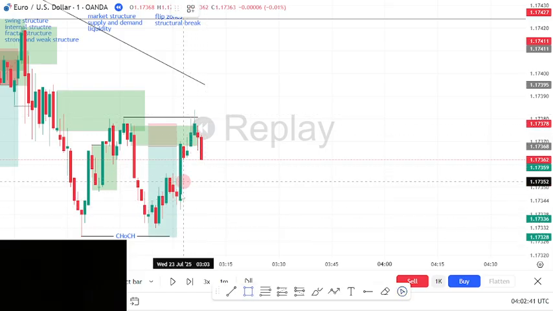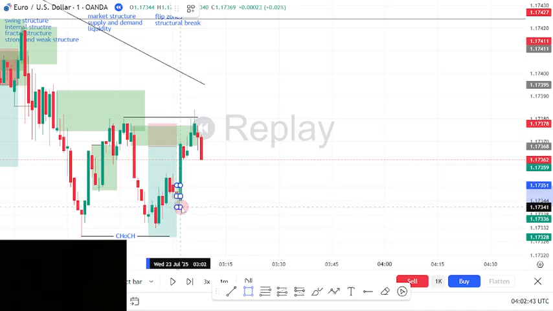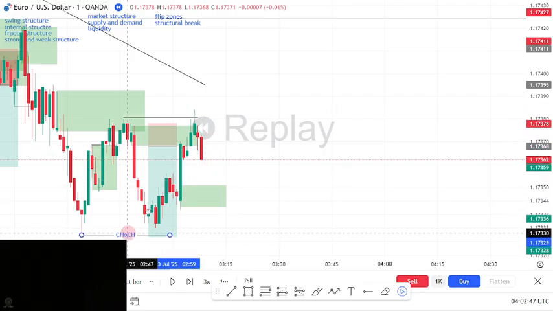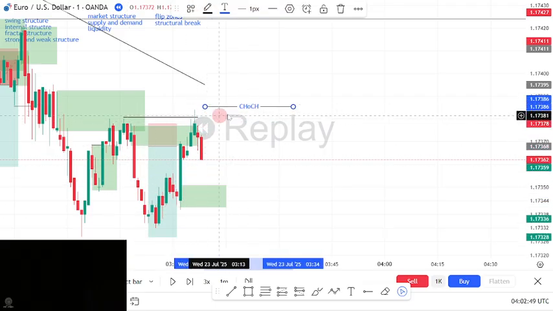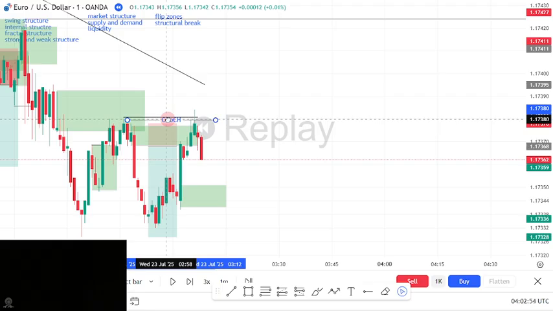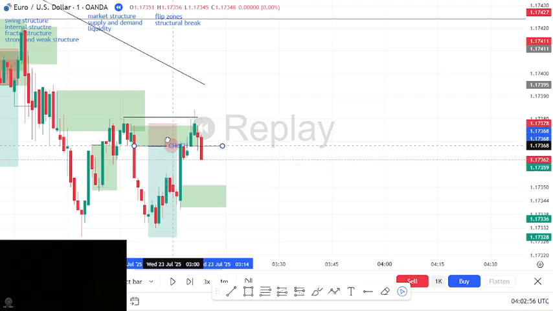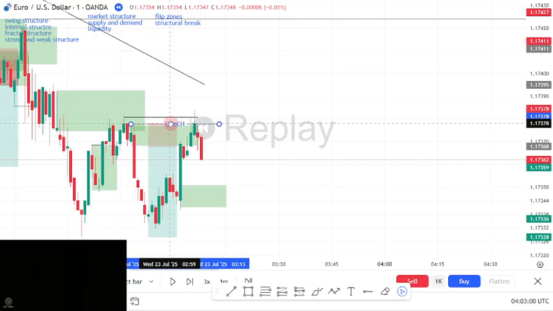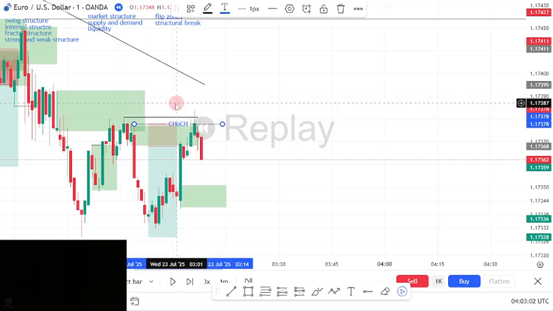When we sweep this liquidity, it's the earliest confirmation that the fractal structure has switched. Here is the failed reaction, because here the last low led to a break of structure. So here you have the failed reaction and the change of character as well.